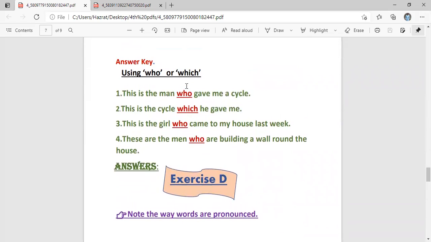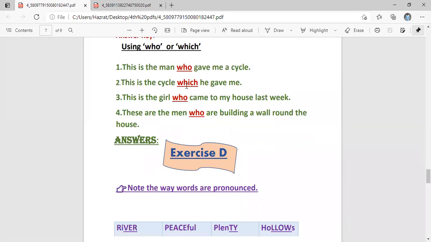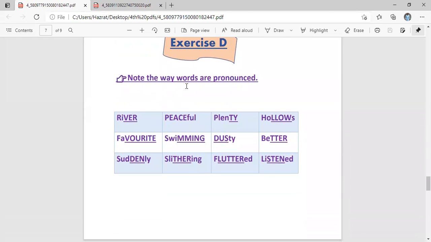And now that was the next question or exercise. This is the man who gave me a cycle. This is the cycle which he gave me. This is the girl who came to my house last week. And these are the men who are building a wall around the house. Got it, boys?